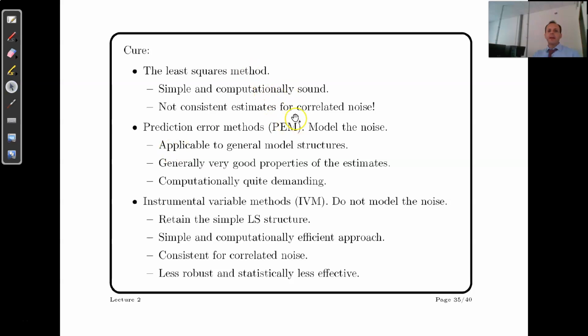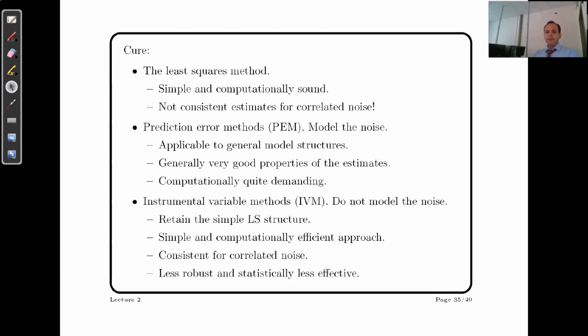So the least square method, just to highlight some advantages and drawbacks, is simple and computationally easy, but the problem is that it is not consistent for estimates with correlated noise. You could use, as we saw the last time, the prediction error method.